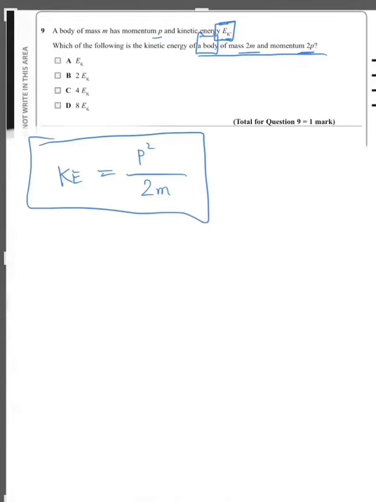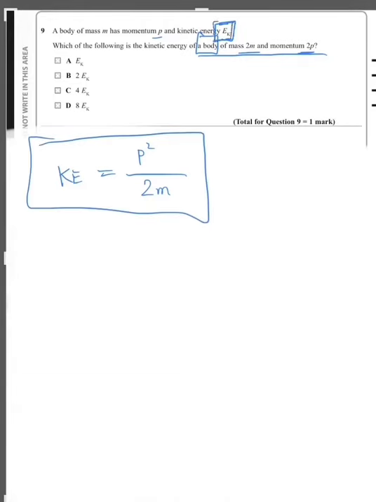Number 9. A body of mass m has momentum p and kinetic energy Ek. Which of the following is the kinetic energy of a body of mass 2m and momentum 2p? So we have kinetic energy and momentum. So we just need to compare this kinetic energy with the new kinetic energy of this body. So we know that K equals p square by 2m. This is the kinetic energy of this.